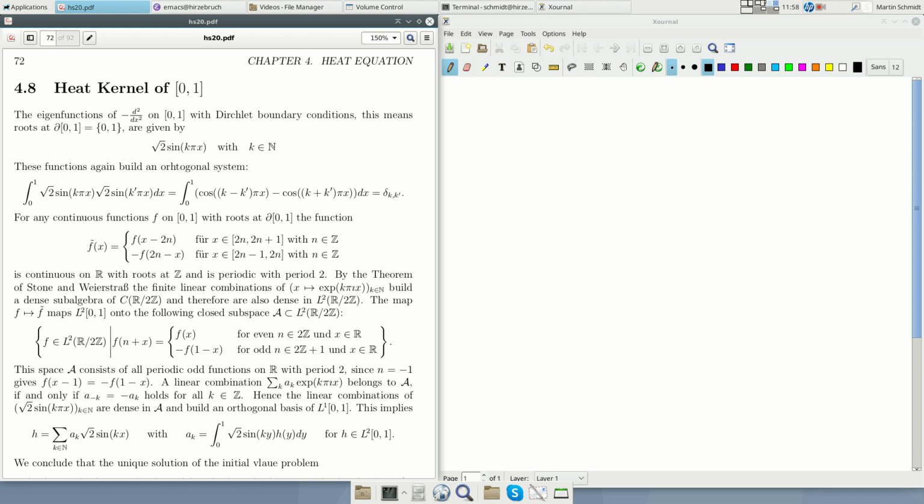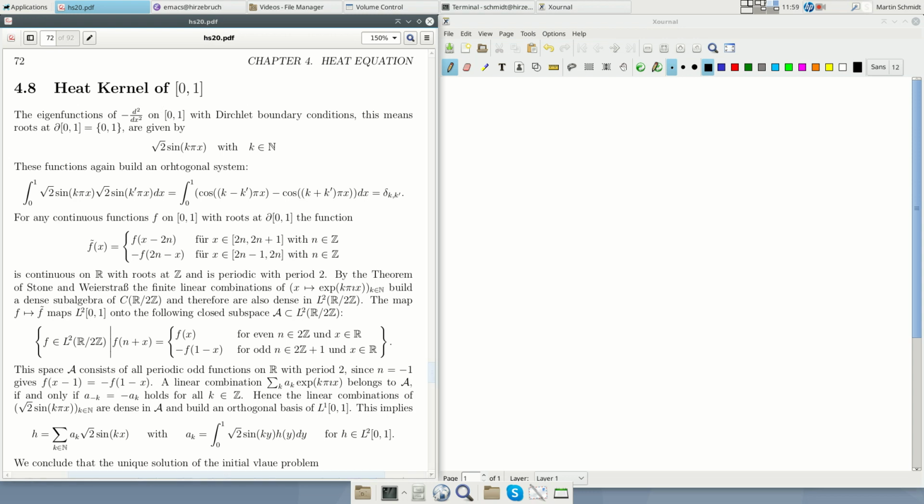Here, instead of the balls, we determine the heat kernel on the Cartesian products of intervals. But we finally get a similar conclusion, namely that all solutions of the heat equation are smooth, and with respect to x, even analytic.